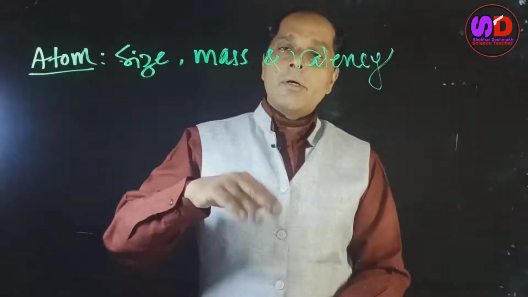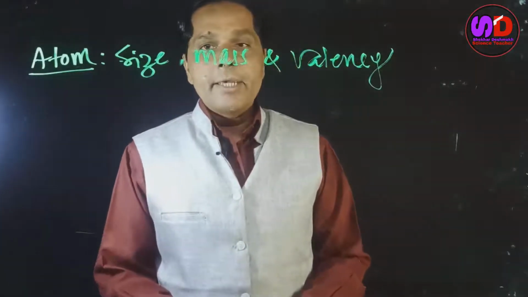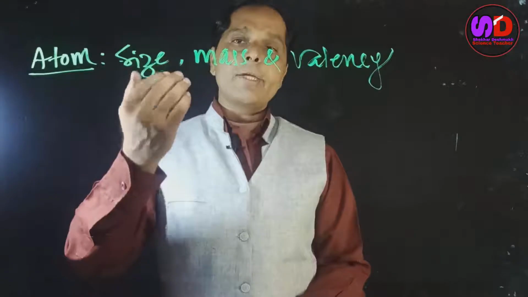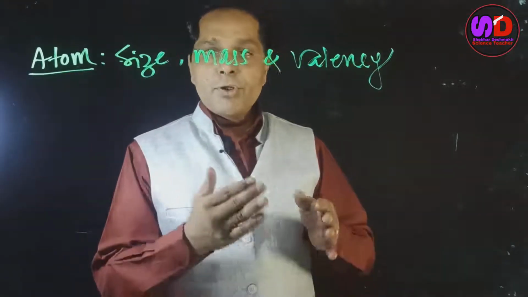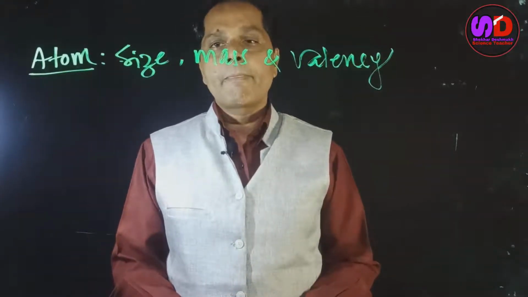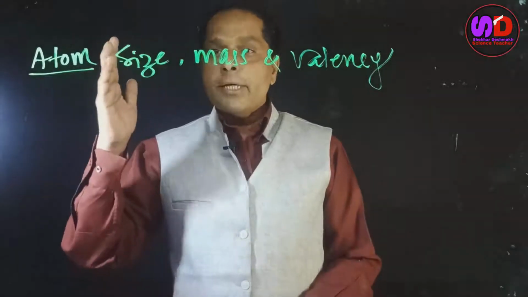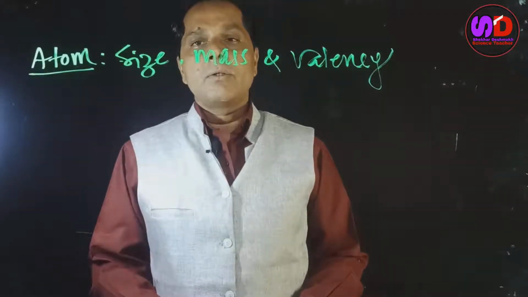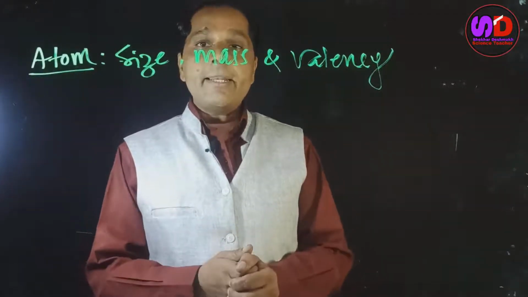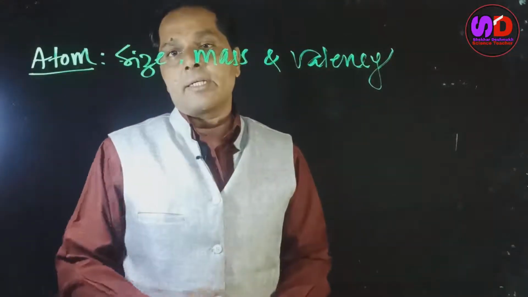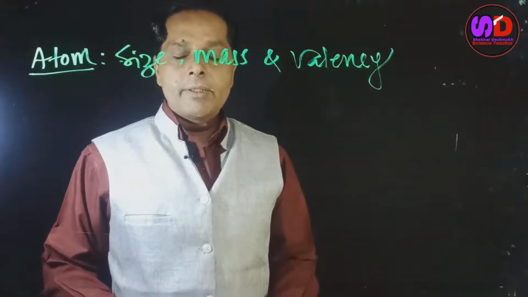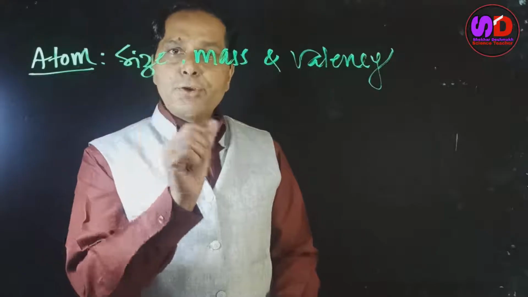After Rutherford, Niels Bohr proposed his theory and gave the structure of the atom that we use today. Rutherford was the first scientist to say that the atom has an internal structure, that means it has a nucleus in it.